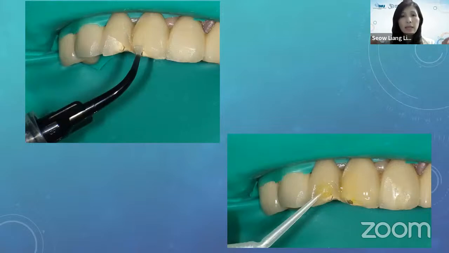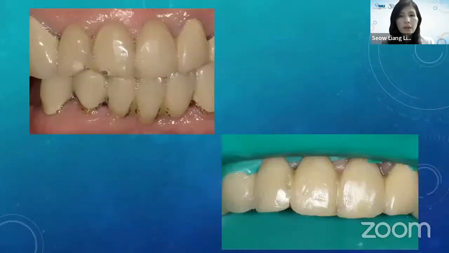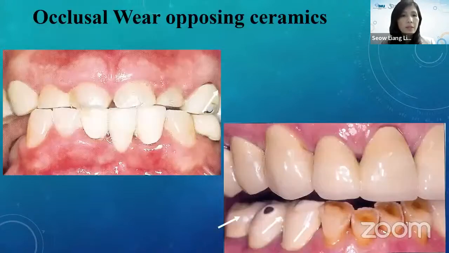So the silane will act as a two-pronged bifunctional molecule to link the silica from the ceramic material to the composite. And then we can repair it with composite material, which is relatively minimally invasive rather than us having to change the whole prosthesis.